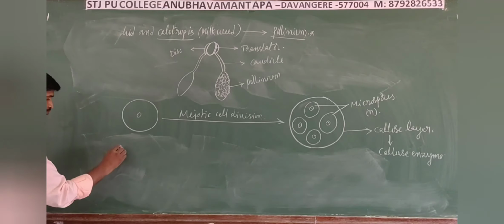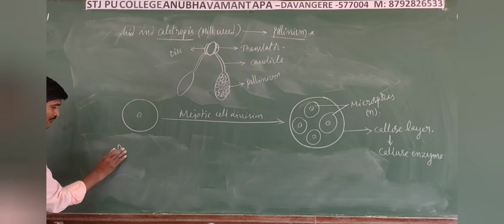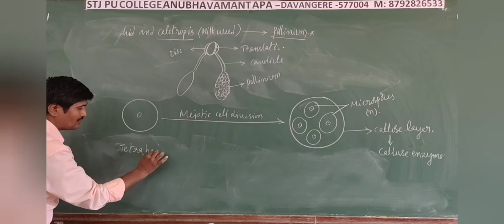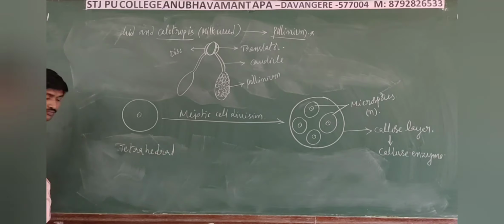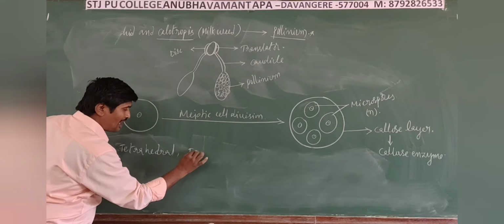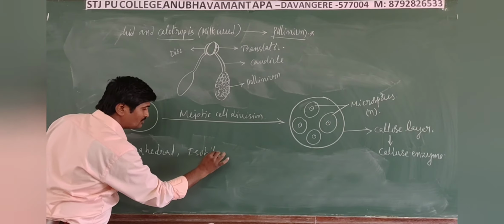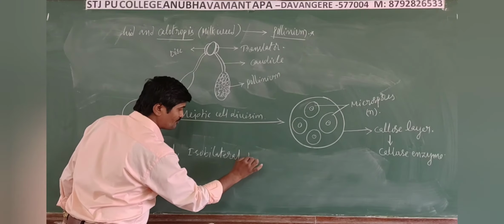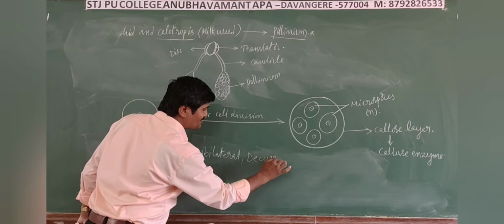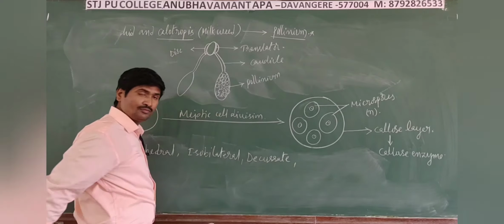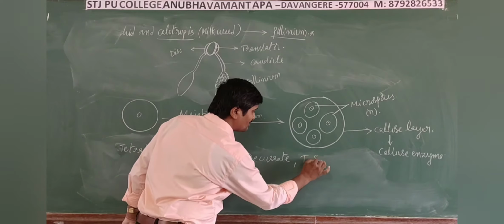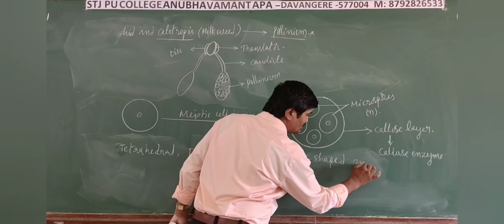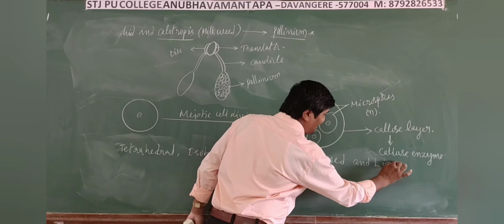First one, tetrahedral, isobilateral, decussate, T-shaped and linear.